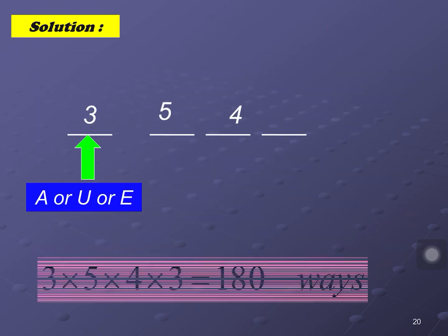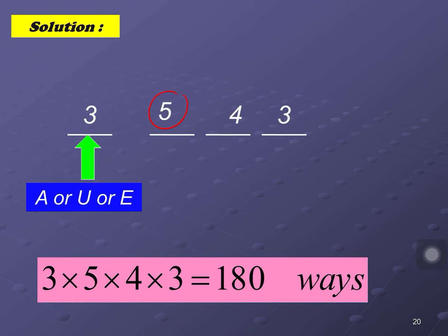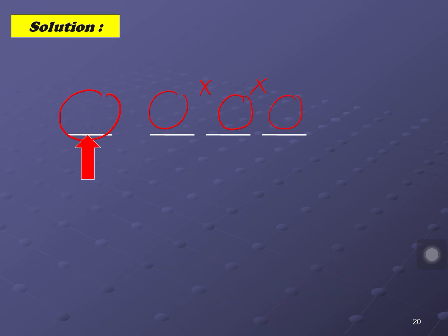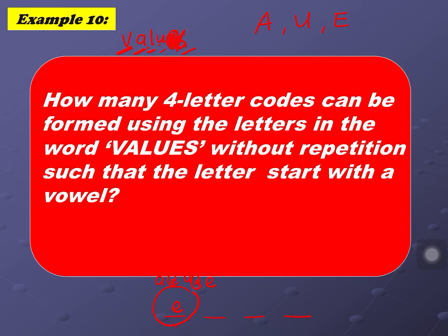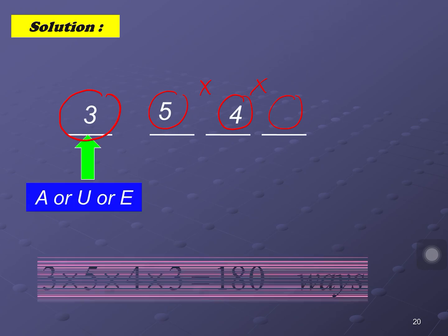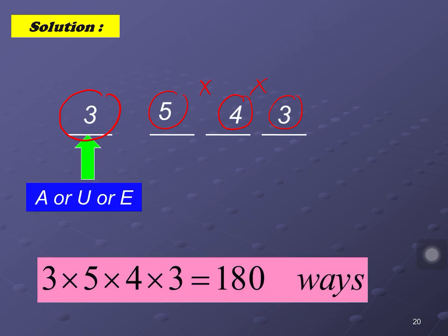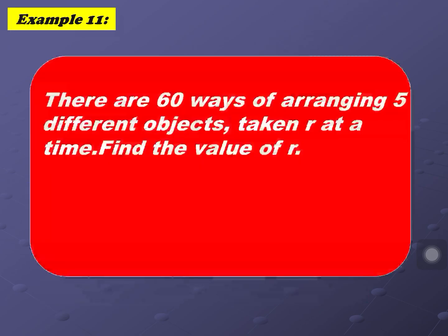So we have 5 times 4 times 3. Because only 3 letters can be put in front, and 1, 2, 3, 4, 5 letters are left, that's why it is 3 times 5 times 4 times 3. Okay, so there are 180 ways.